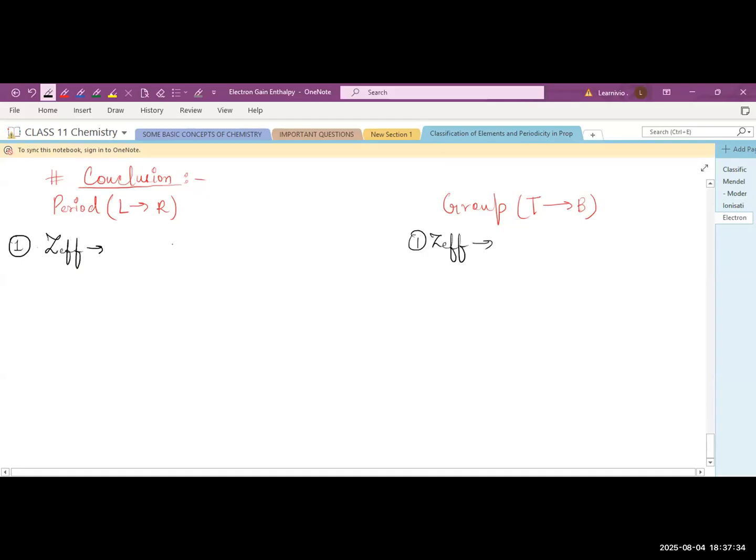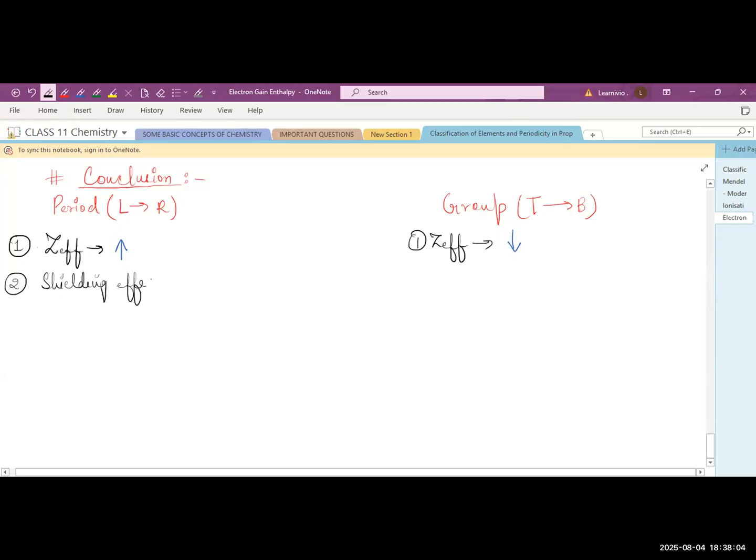What will happen when we move from left to right along a period? Will it increase or decrease? It will increase, right? And what about in a group? Z effective decreases, right.